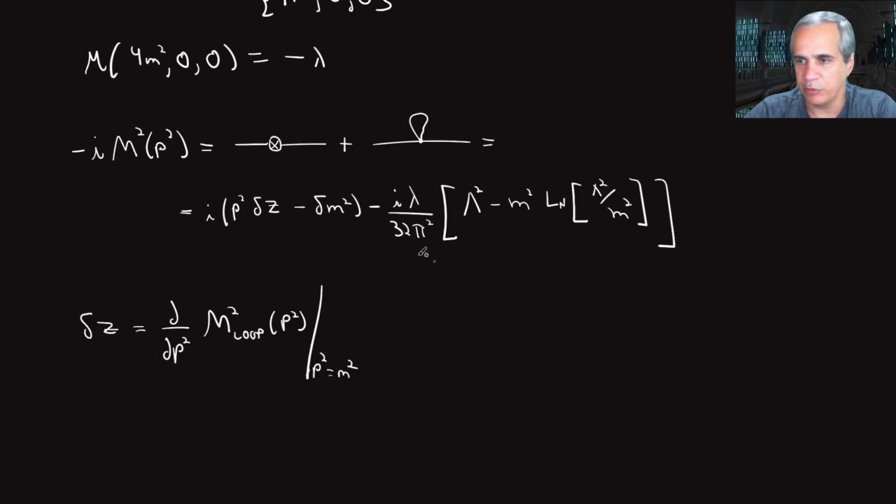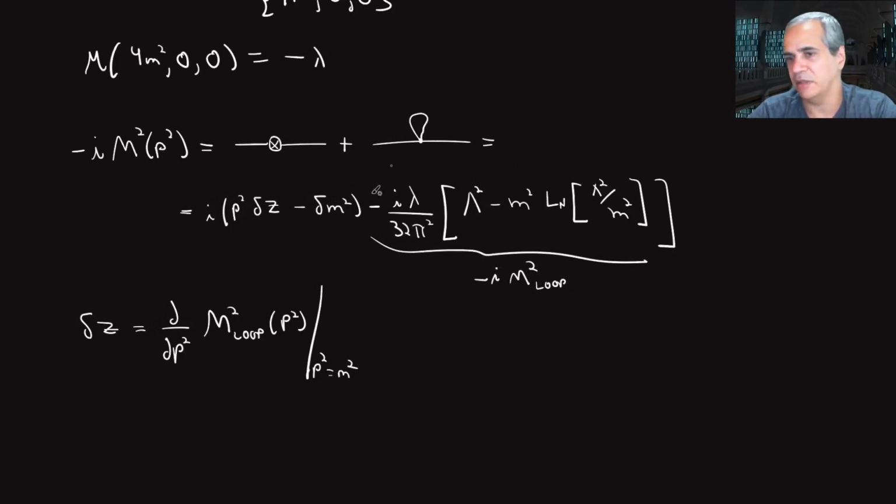So these loop contributions are exactly these ones. This is minus i m squared loop. This is this term right here. But you can see here that this does not depend on momentum. This does not depend on p. So in effect, delta z is 0 for this theory at this order in perturbation theory.